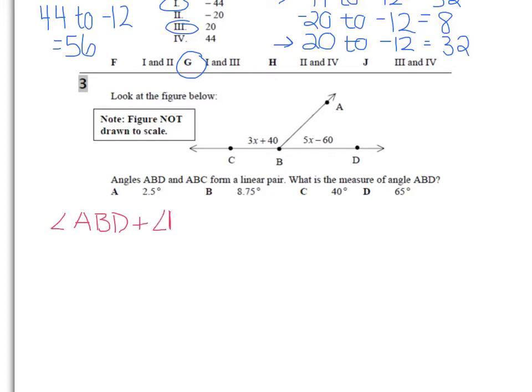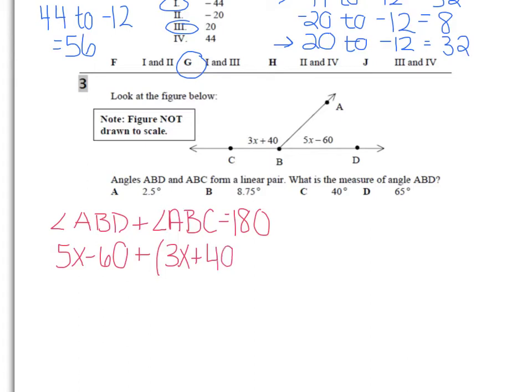So we know that angle ABD plus angle ABC equals 180 degrees. Well, angle ABD is 5x minus 60, and angle ABC is 3x plus 40. And we know that this equals 180.